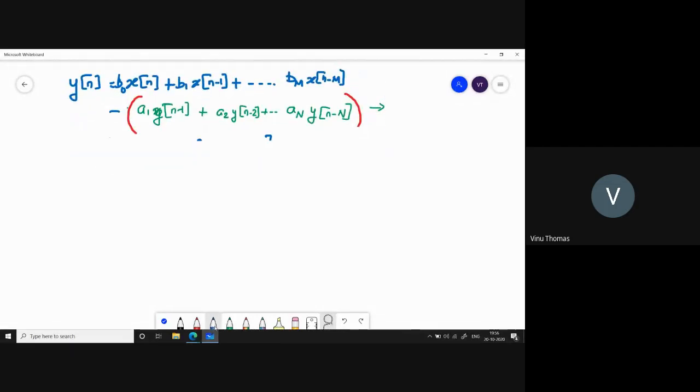For this structure, you will be having x of n as an input, and this structure should give you y of n as your output. So the signal flow is in this direction.